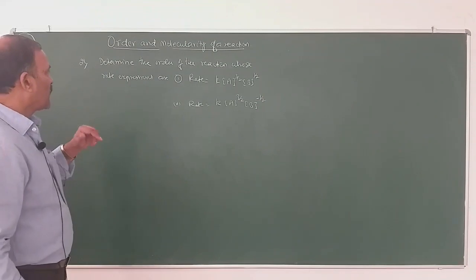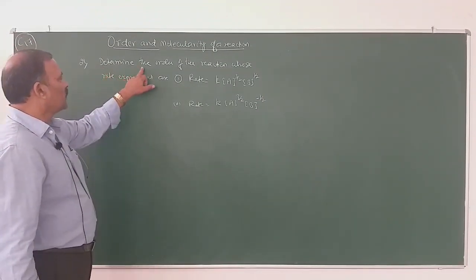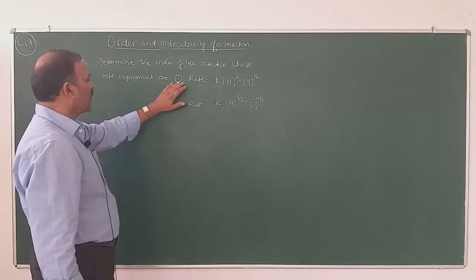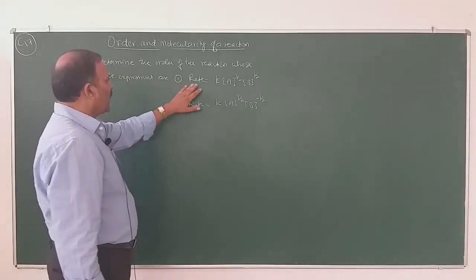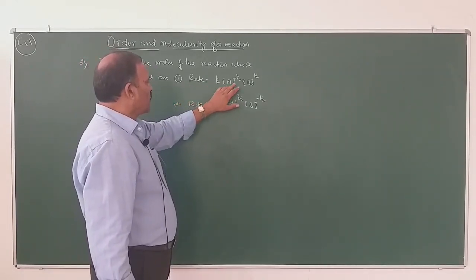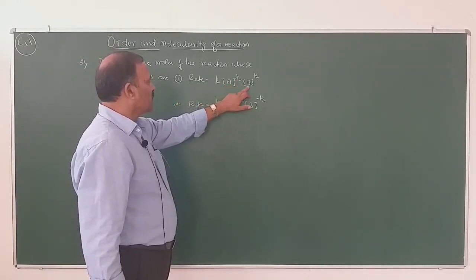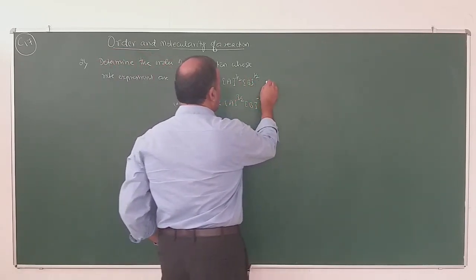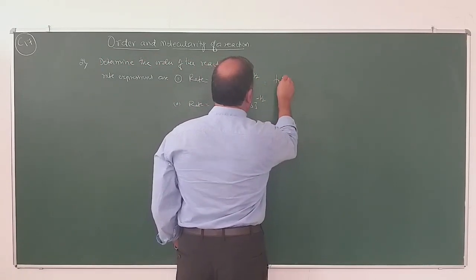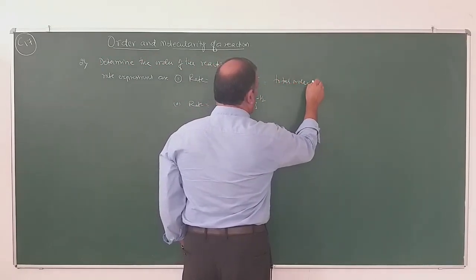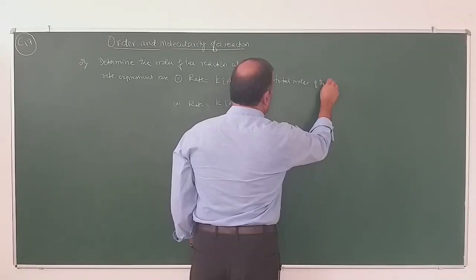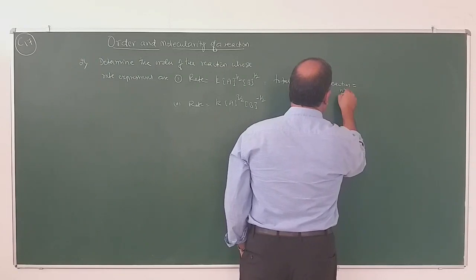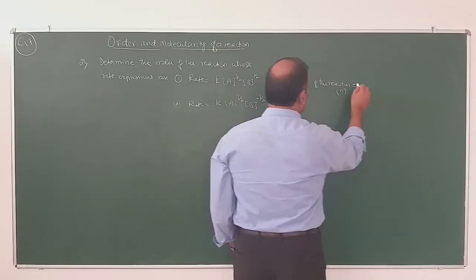So I will give you another example. Determine the order of the reaction whose rate expressions are given. Rate is equal to K into concentration of A to the power of 3 by 2 into concentration of B to the power of half. So this is the first rate expression. What is the total order? Total order of the reaction is equal to x plus y.